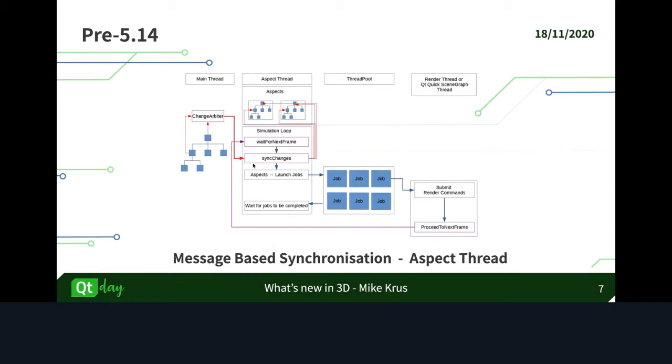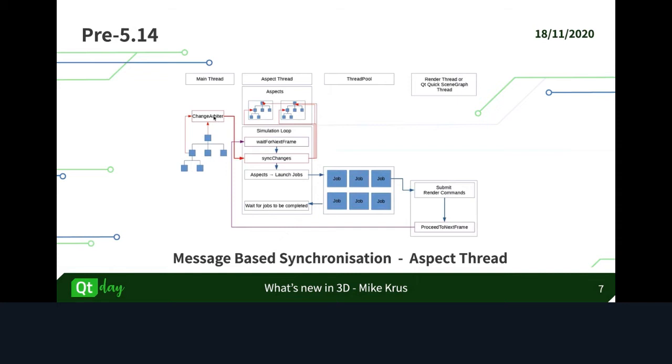Every time a change is recorded, we need to create one of those change messages, which allocates memory, and it has a string inside, and a QVariant, which takes time, and so on. So all of that is quite costly. There used to be a pool of reusable message instances, but that was removed by the company in some refactoring code pass. So unfortunately, we're left with lots of allocations.